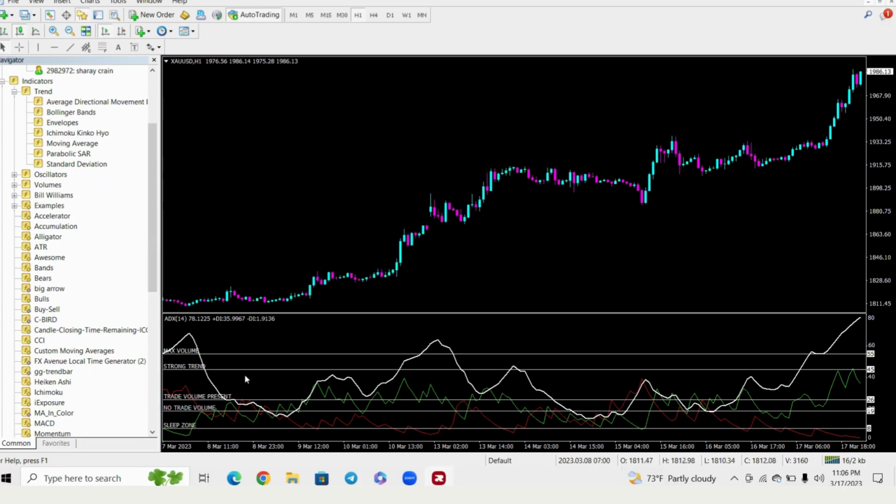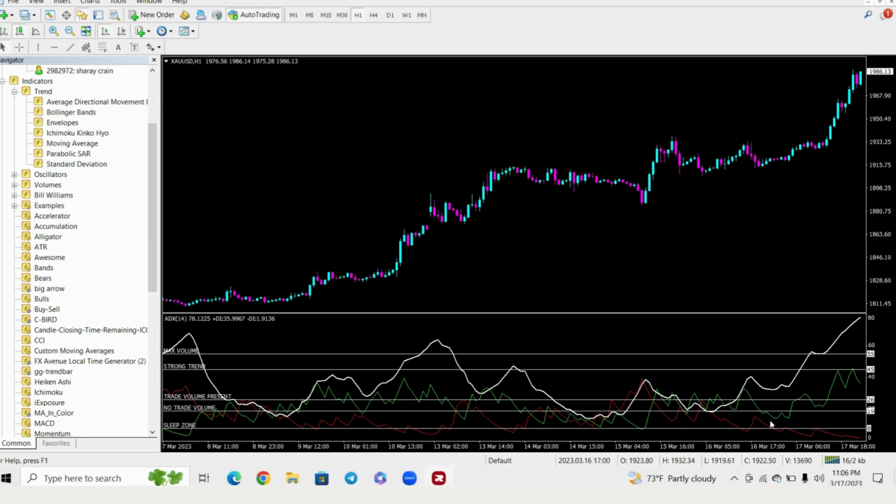So we have it plotted on the chart, okay? Again, we have 55 being our max zone, and it says 55 right over here. Then we have our strong trend, which is 45. Then we have our trade volume present line, which is 26.